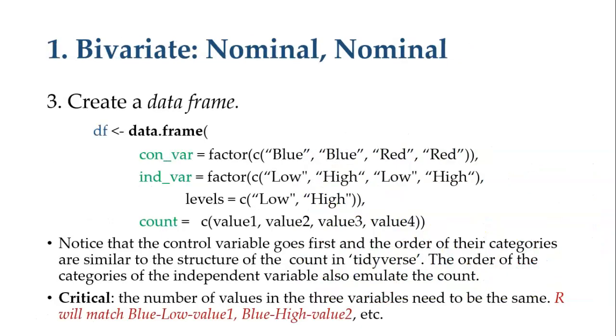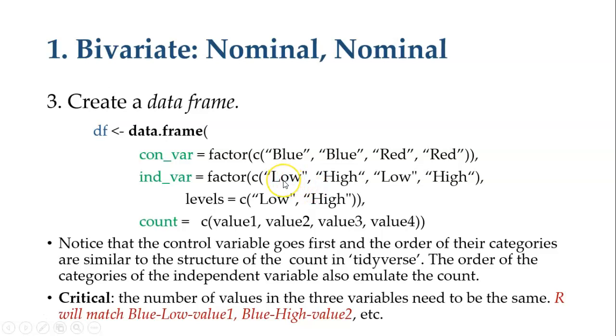And you create a data frame. This is the generic version first. The main difference here is that you start with the control variable. And notice here, this is important, that in this case, the number of values that you write here, for instance, levels, don't match the number of values that you write here in the factor part, okay? This is because the number of categories that you have for your independent variable are only 2, for instance, low and high, but you can write those low and high as many times as you want.